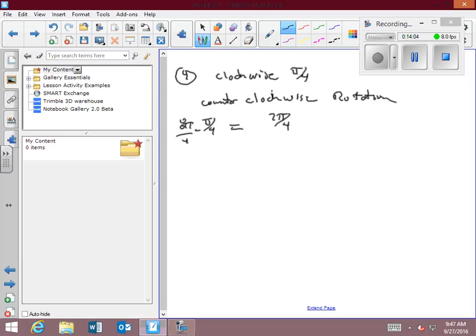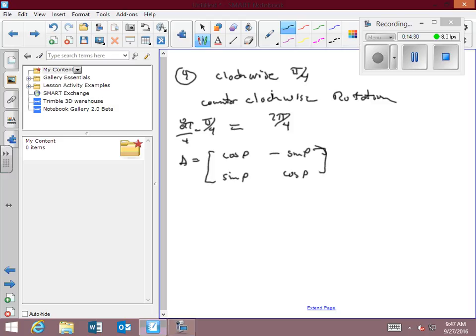And then the matrix is cosine of the angle, minus sine, sine, cosine of the angle.